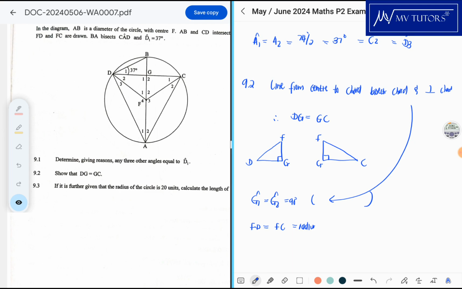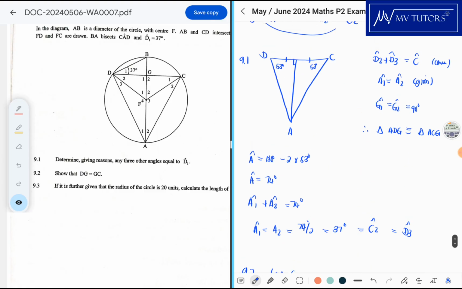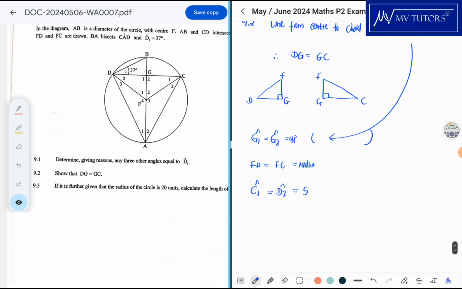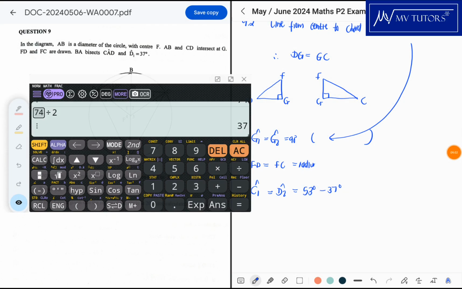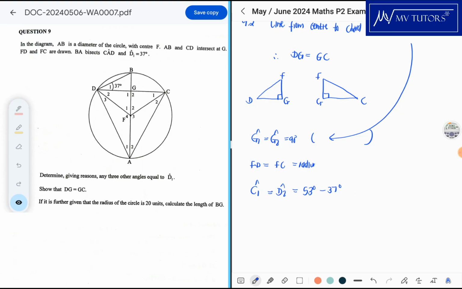So if I know all of those, I can work out what C1 is. C1 will be equal to D2, which is 53 degrees minus the 37 degrees. So that's 19 degrees, for C1 and D2.